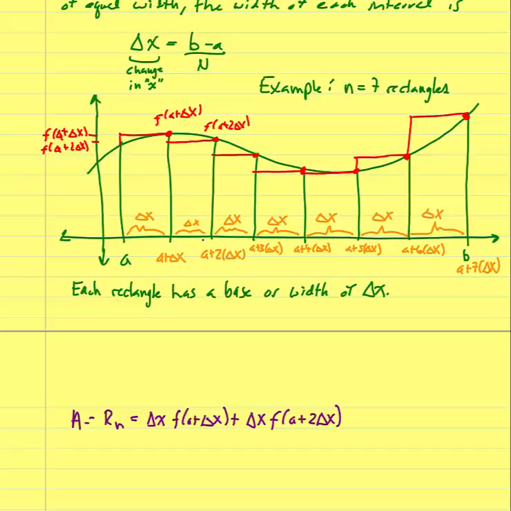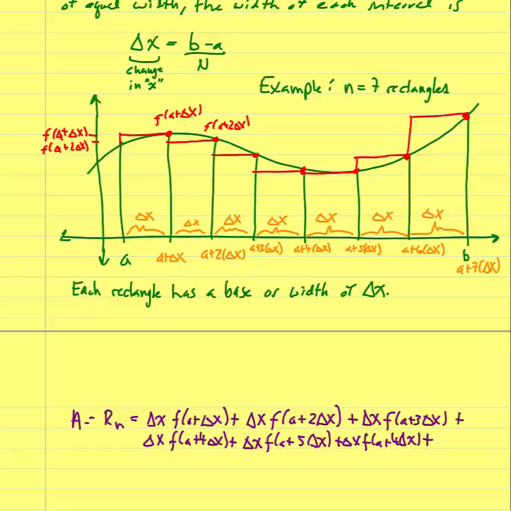Now you can see that these are going to get a little bit tedious. I shouldn't have done 7 rectangles because I'm going to have to write all these out. So this would be the base times the height, a plus 3 delta x, delta x times f of a plus 4 delta x, delta x times f of a plus 5 delta x, and so on. Remember, what I'm looking at is base times height.